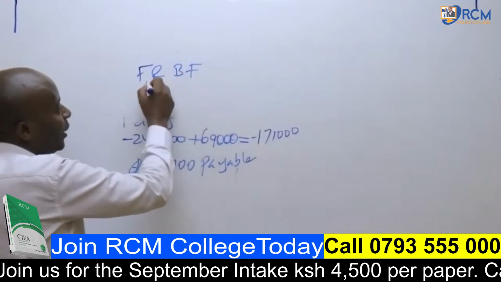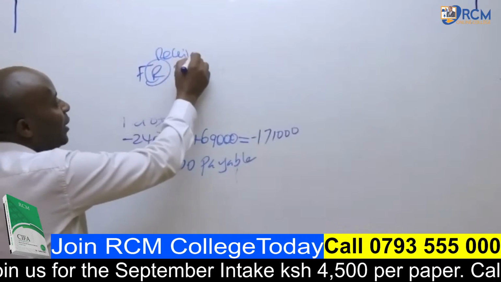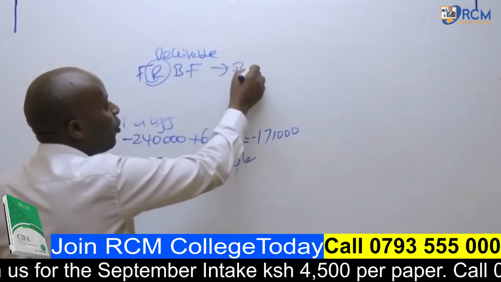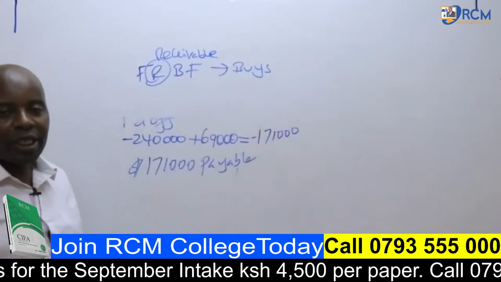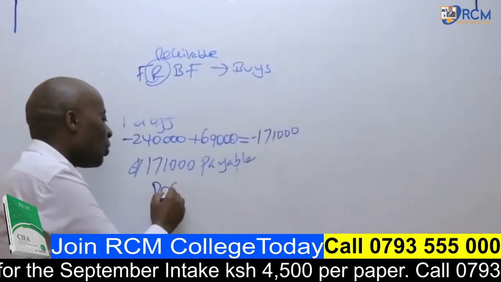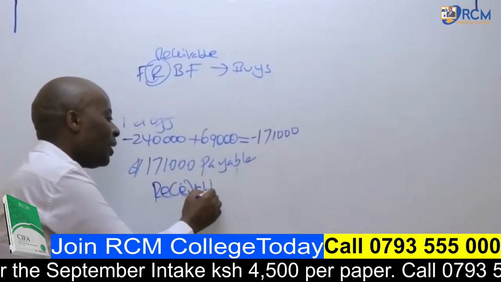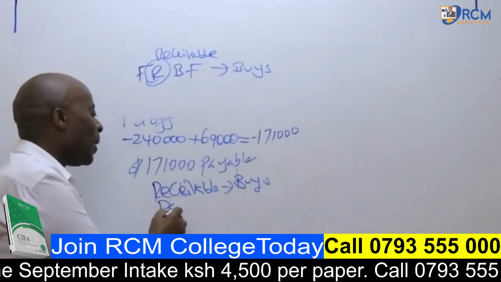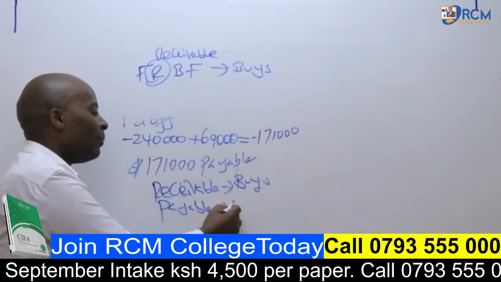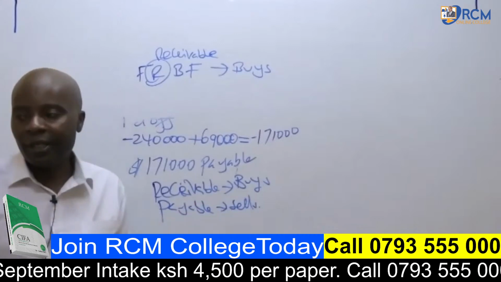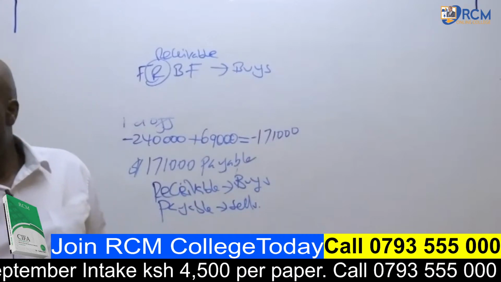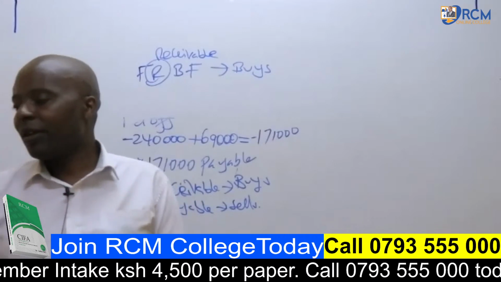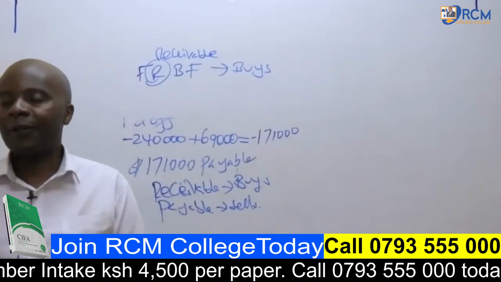This R stands for receivable. For a receivable, the bank buys. But for a payable, the bank sells.